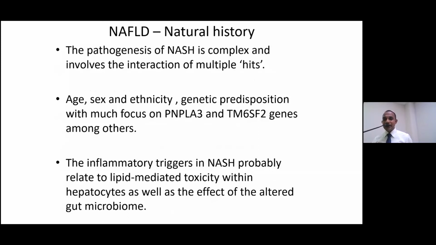There are so many things which are involved: age, sex, ethnicity, and genetic predisposition. Obviously, they talk about certain genes more than the others. And it is believed that the inflammatory trigger in NASH is probably related to the fat deposition, which is causing toxicity in the hepatocytes, as well as the effect of altered gut microflora. So these things are important.